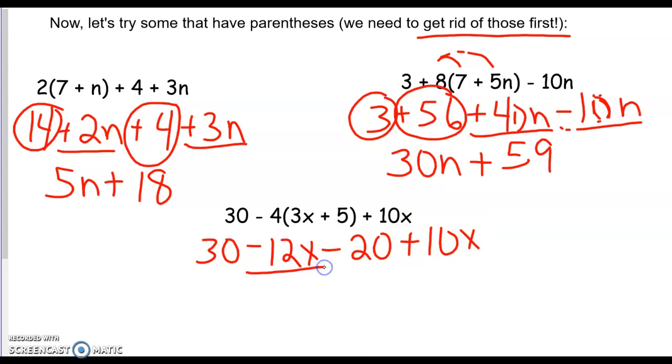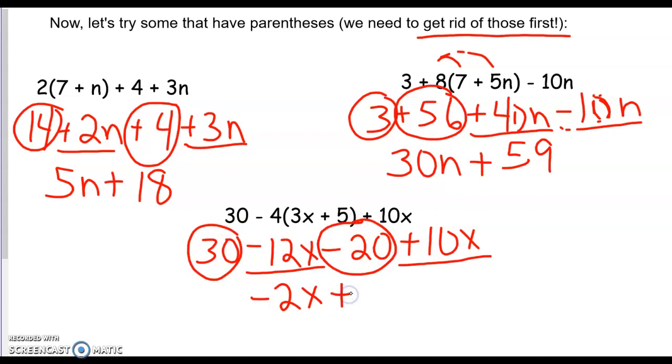We've got a minus 12x and a plus 10x. Minus 12 plus 10 leaves me with minus 2x. And finally, our constants, 30 minus 20, 30 minus 20 leaves me with 10. And we have to stop there.